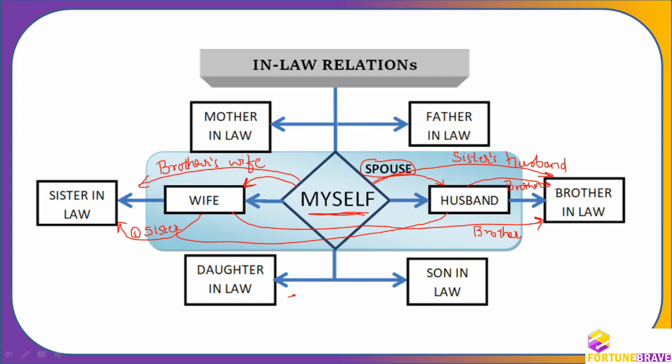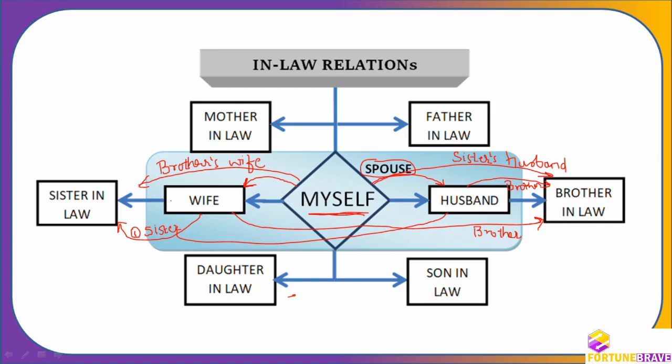Now all the relationship you can see here. My wife's brother is brother-in-law, and my sister's husband is brother-in-law, and if you are a female, my husband's brother is brother-in-law. Three ways. Here also three ways. If I am a male, my wife's sister is sister-in-law, and my brother's wife is also sister-in-law.